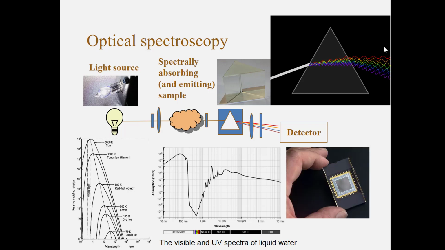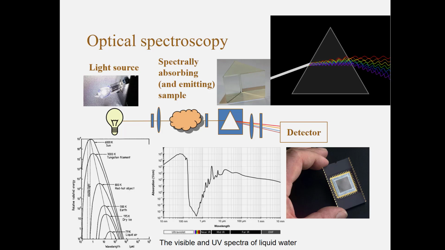So then we go to the detector, and one of the most common detectors around is a CCD or a CMOS chip like we have in our cameras, and this is of course a 2D detector. But in this case, like we set it up here, it would in principle be enough with a 1D detector.